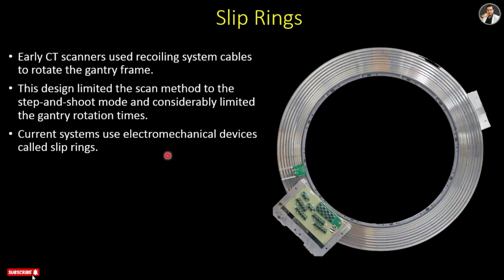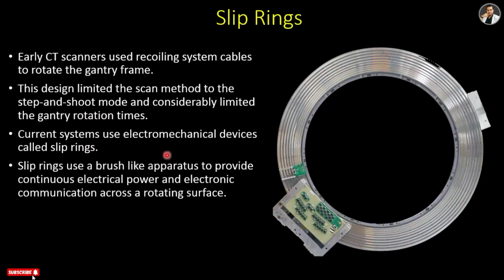The slip rings use a brush-like apparatus to provide continuous electrical power and electronic communication to the rotating surface. Because of this, everything can rotate. There is no problem in rotating continuously.